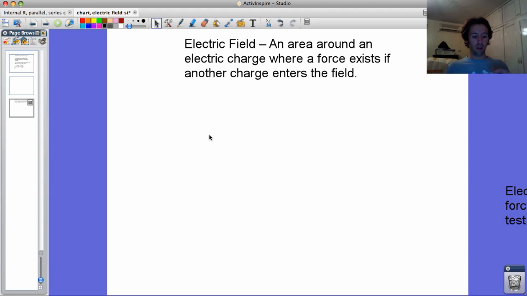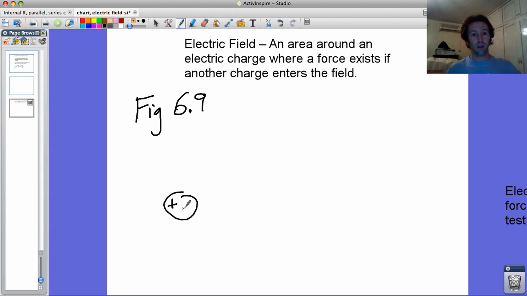To show you what that looks like, I'm going to draw one for you. Let's call that figure 6.9. Let's say that you've got a positive charge here.